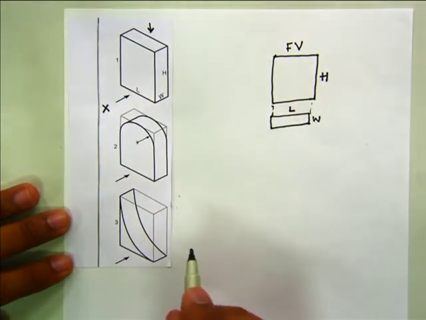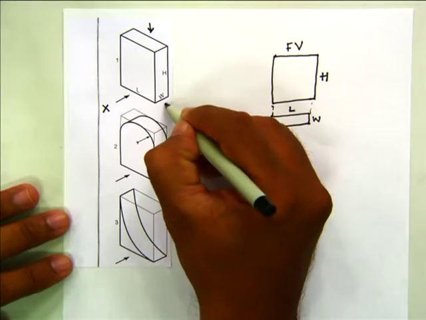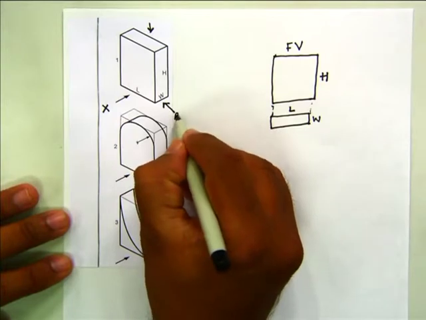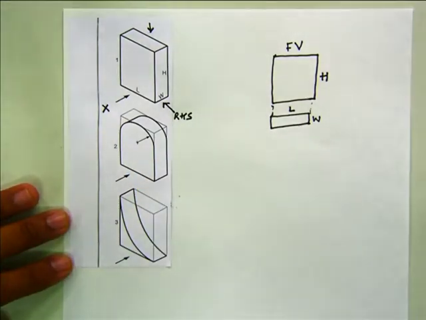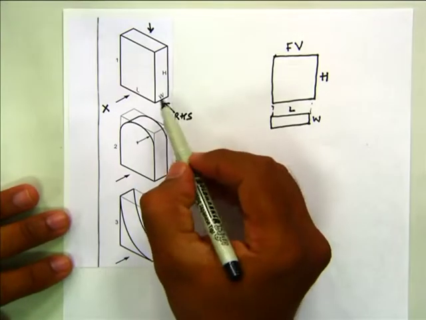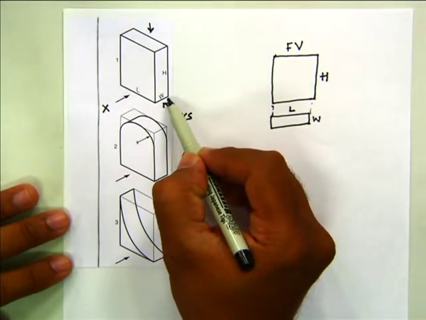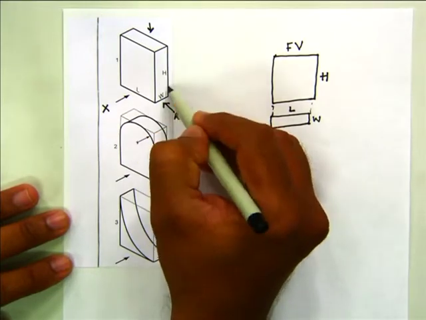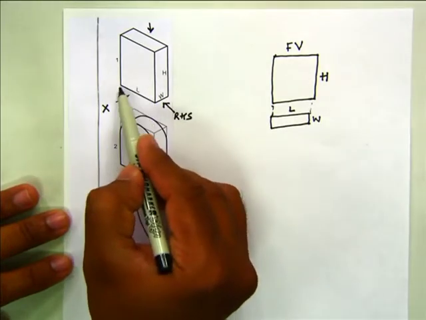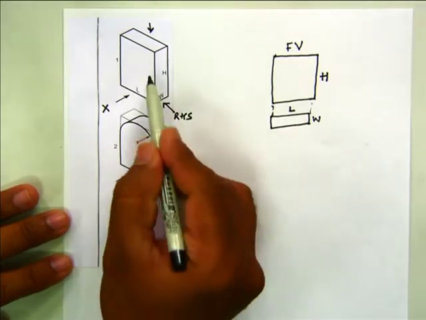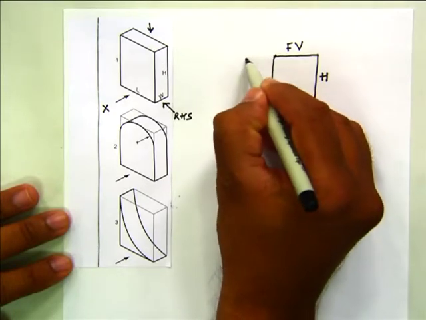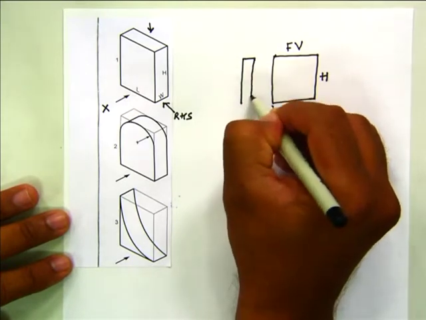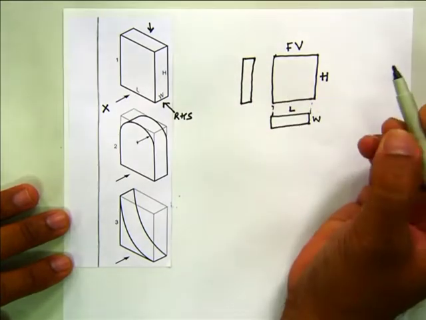When you are viewing from the right hand side, you can view width W and height H. You can only see W and H, but you cannot see L. So the right hand side view of this plate is this.